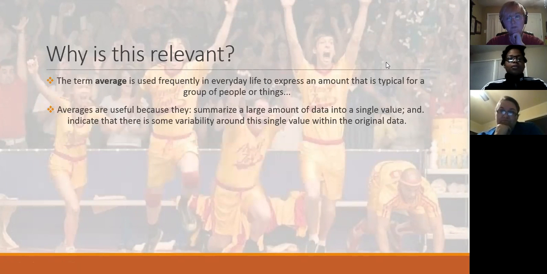Well, the term average is used frequently in everyday life to express an amount that is typical for a group of people or things. Averages are useful because they summarize a large amount of data into a single value and indicate that there is some variability around this single value within the original data.